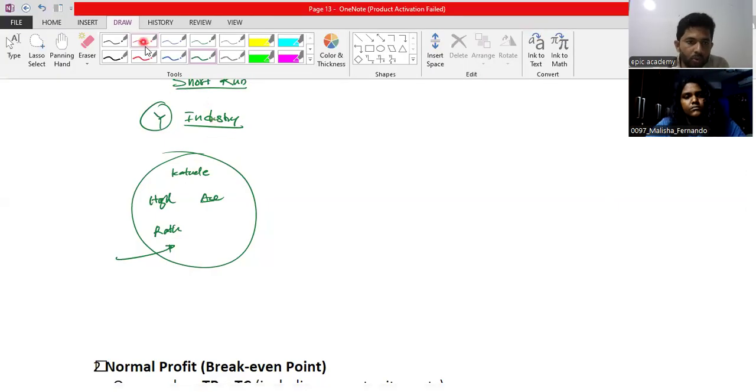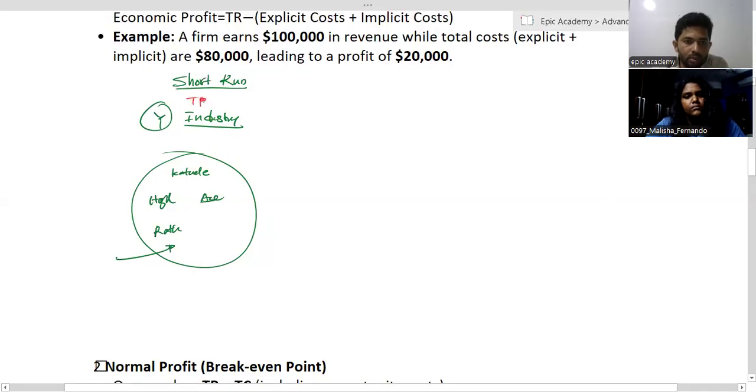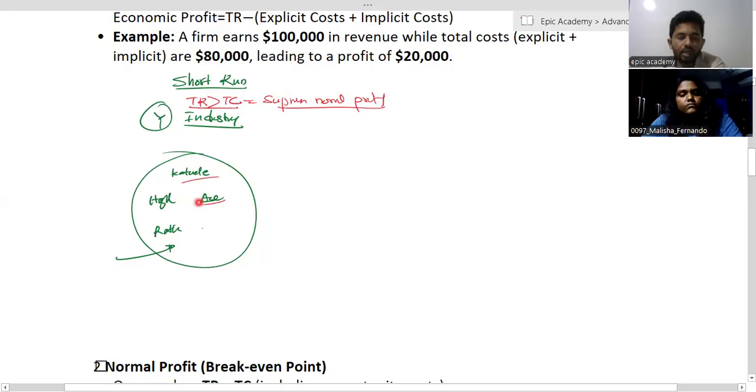At that point, your total revenue takes a greater value than the total cost. That means you are getting supernormal profit. Each and every organization can get supernormal profit because total revenue is greater than total cost.